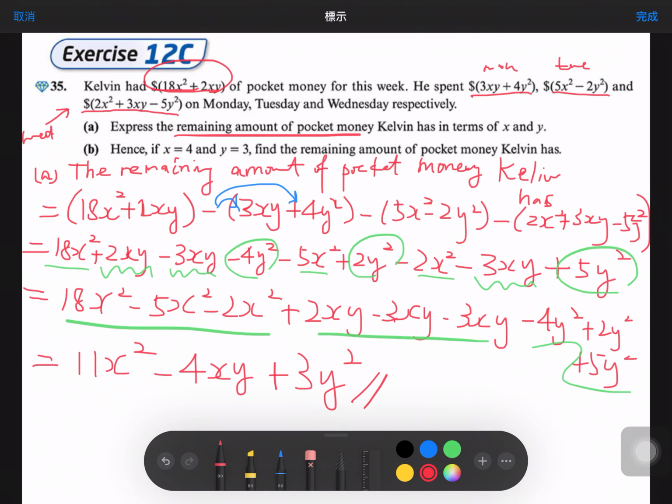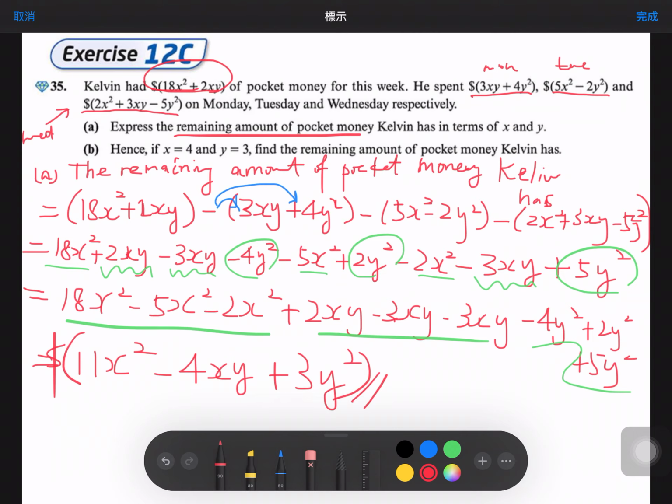And be careful of the unit. There is money, so use a bracket and also write down the money sign. So here it is for part A, the remaining amount of pocket money that Calvin has in terms of x and y.